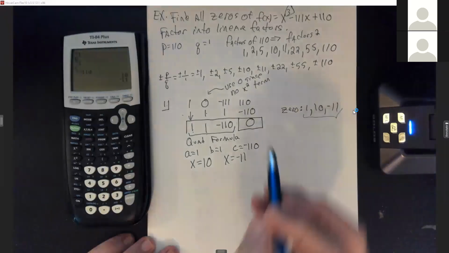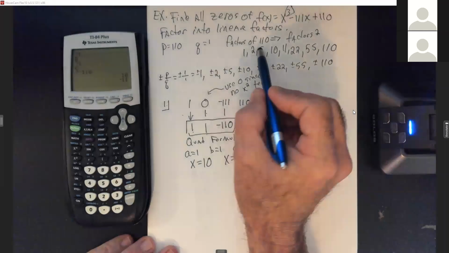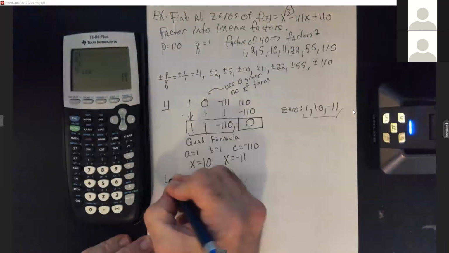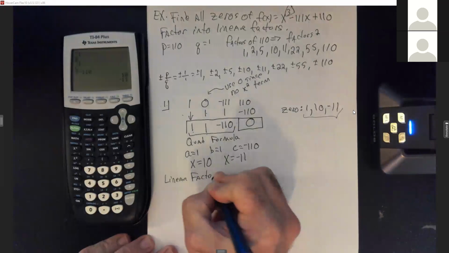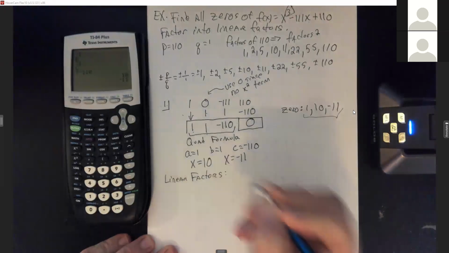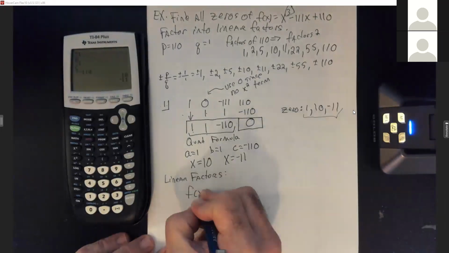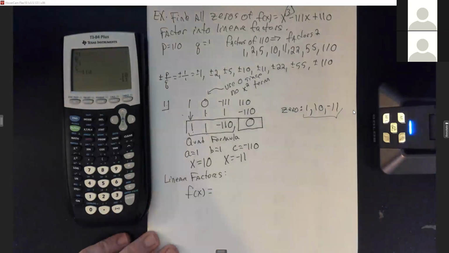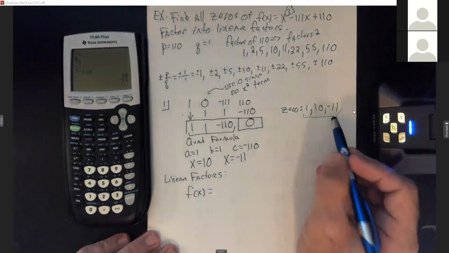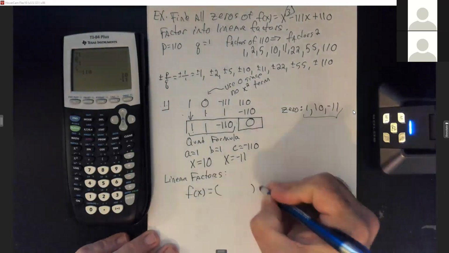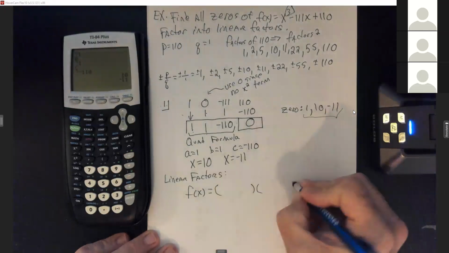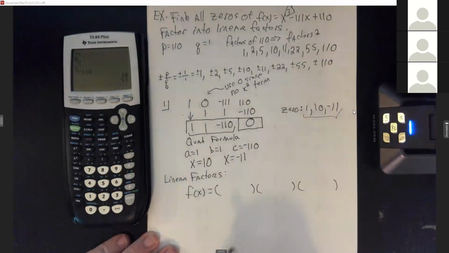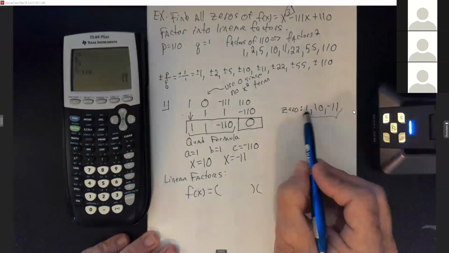Now they wanted them put into linear factors. So for linear factors, they're going to have f of x equals, and then we got to fill in the rest. All right, y'all, since we got 3 zeros for our linear factors, we're going to have 3 sets of parentheses. And all we're going to do is change the sign of the zeros when we put it into the factor.